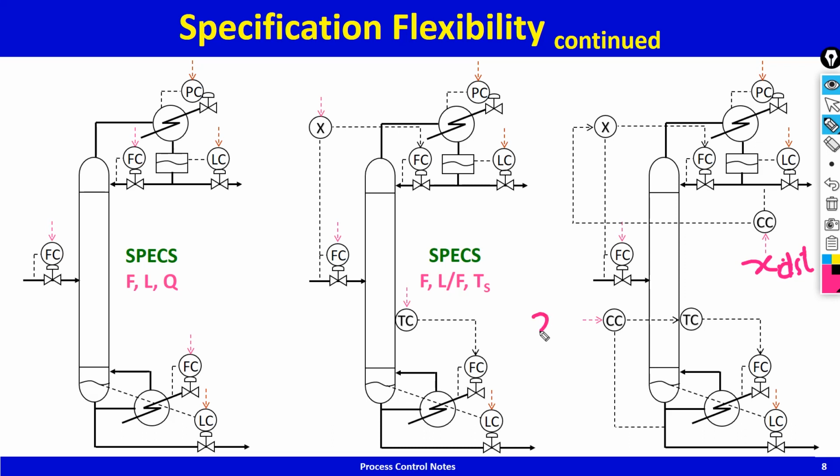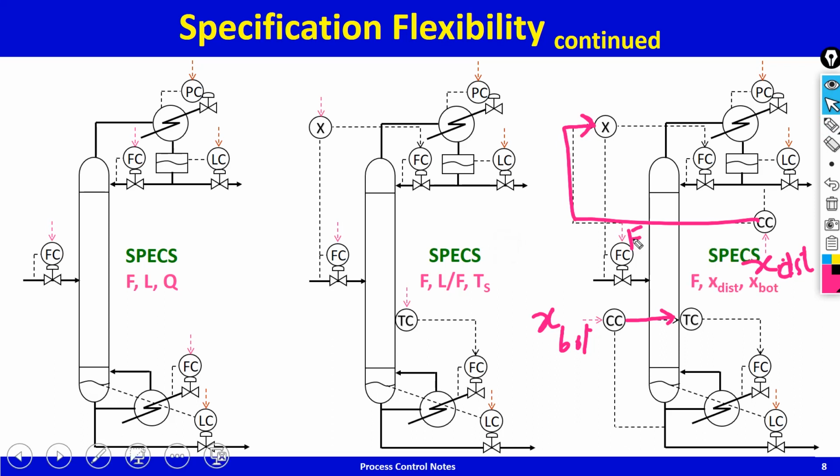Purity of the bottoms, X bot, is being controlled by adjusting the stripping tray temperature controller set point. So in this case, my steady state specifications are F, X bot, and X distillate.